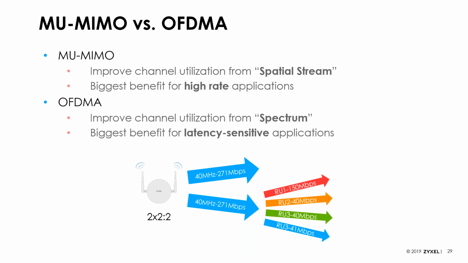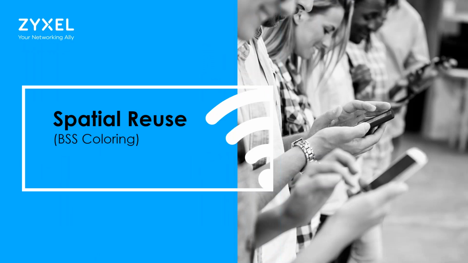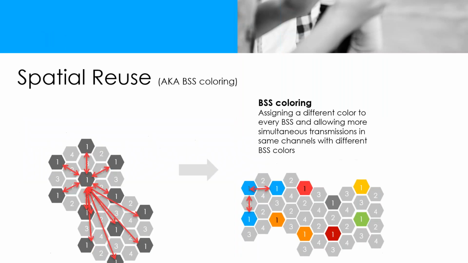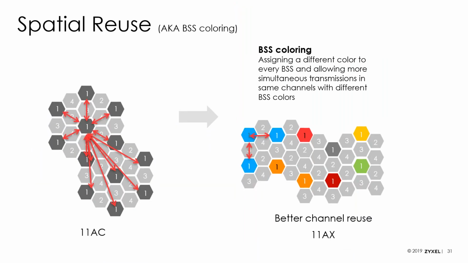All right. Then we go to spatial reuse, or BSS coloring, which helps the APs to form a better environmental factor on AP deployment.